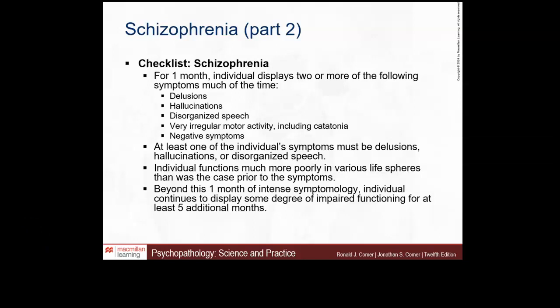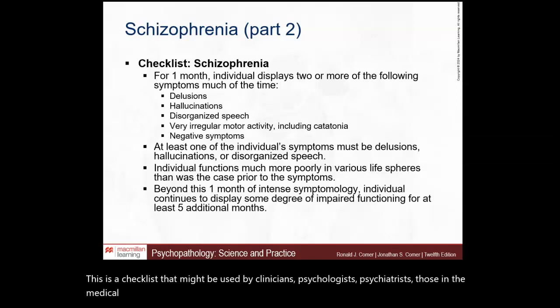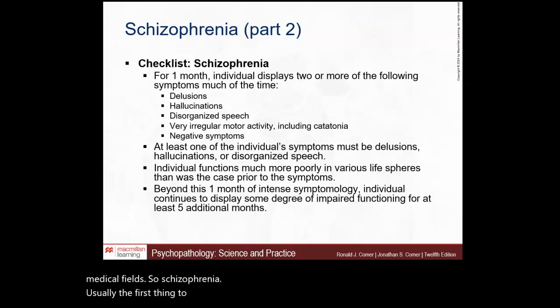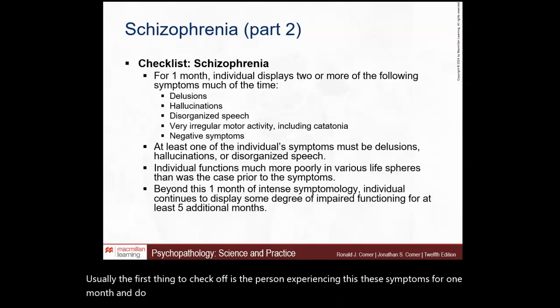This is a checklist that might be used by clinicians, psychologists, psychiatrists, those in the medical fields. So, schizophrenia. Usually, the first thing to check off is the person experiencing these symptoms for 1 month, and do they display 2 or more of the following symptoms much of the time? Are they delusional?